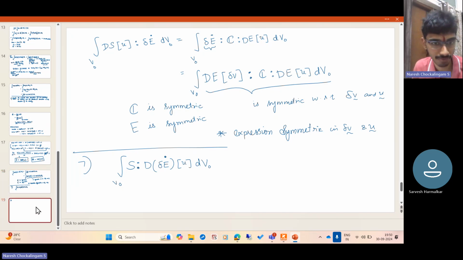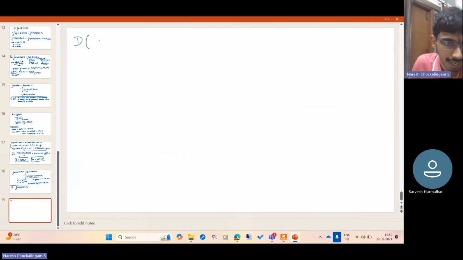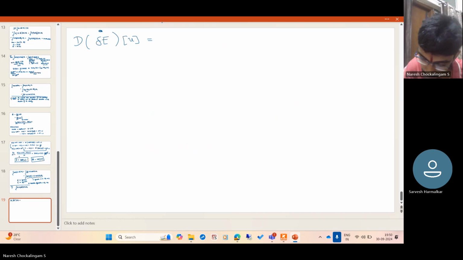imposed velocity field. So let us look at this quantity, the directional derivative of L dot in the direction u.